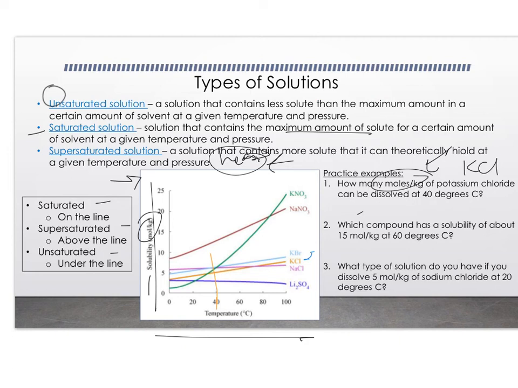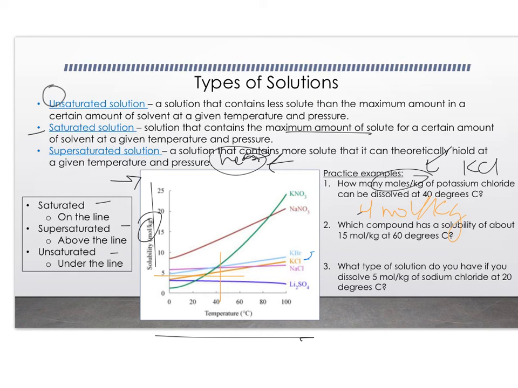So once you go up and you hit that line, you go over to the y-axis here, and it's going to be about 4 moles per kilogram. And I know my lines are kind of messy, but if you can just make a straight line with the 4 going up over here and the 5 going across there, then it should be about 4, give or take 1 mole per kilogram. I know these aren't going to be the most accurate answers, but do the best you can.